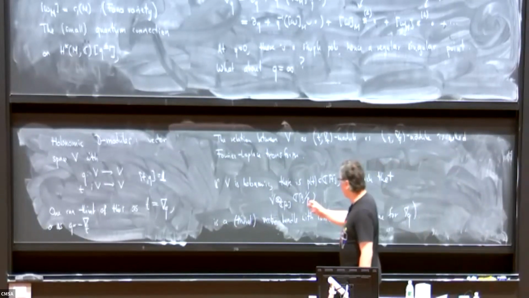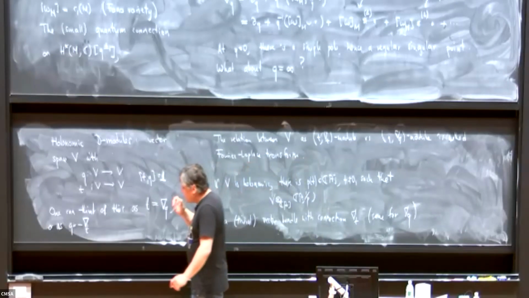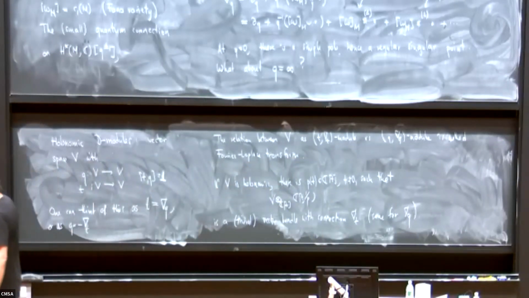And the T points that you had to remove in order to make this happen are called the singularities of the D module. And so there are singularities in T direction and singularities in Q direction. Of course, their structure, and where they lie, is absolutely not the same. Okay.